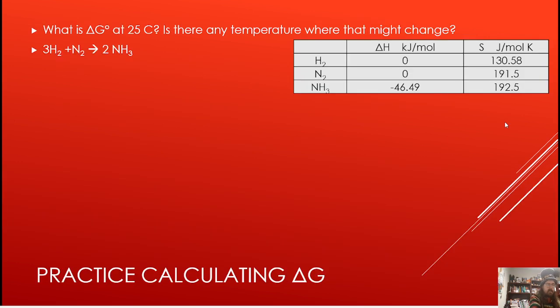So the last scenario, let's run this guy real quick. Run this scenario of what's the Gibbs and at what point this might change. So 3H2 plus N2 goes to 2NH3. I chose this one because, hey, this will make the Gibbs easier to find.